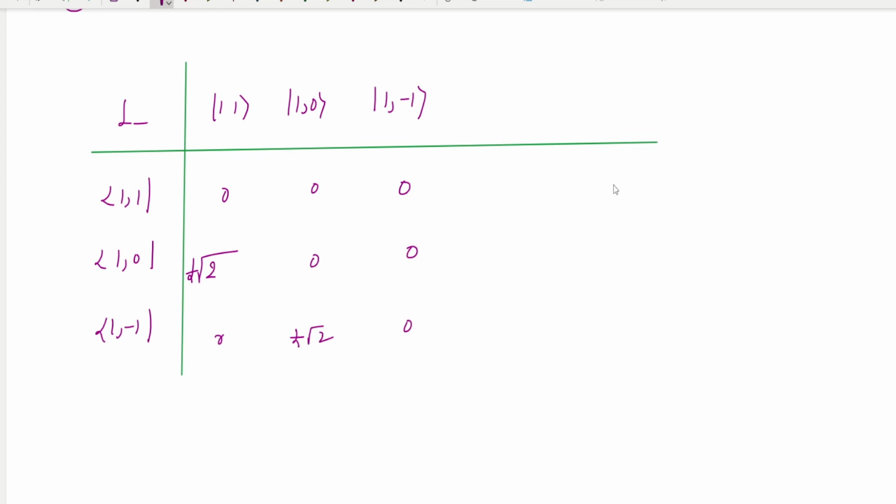This is the answer. Therefore, the L minus operator is a 3 by 3 matrix: 0, 0, 0; h cross root 2, 0, 0; 0, h cross root 2, 0. Okay, h cross is outside the root, so it's better to write h cross in front of the root.